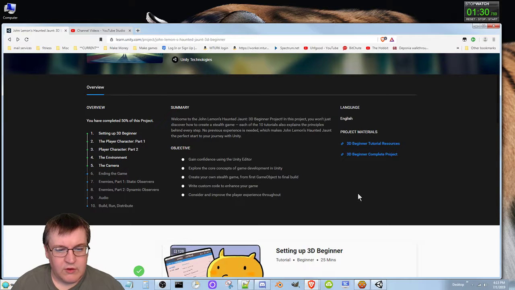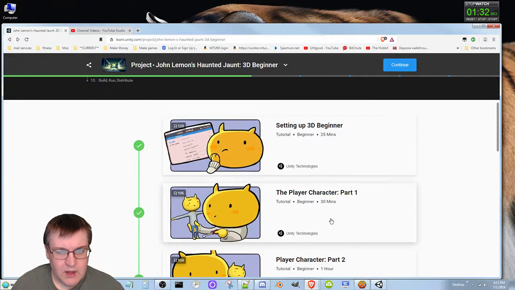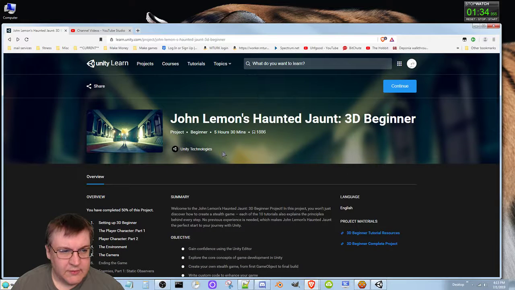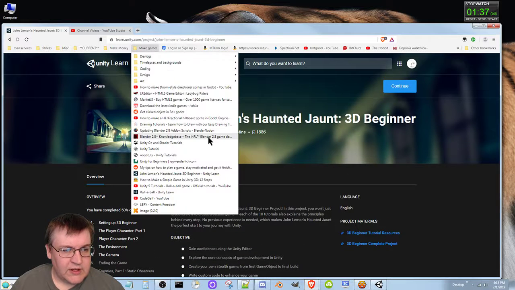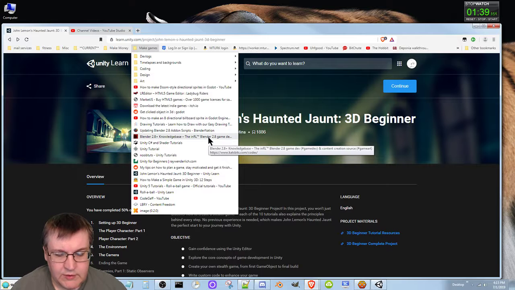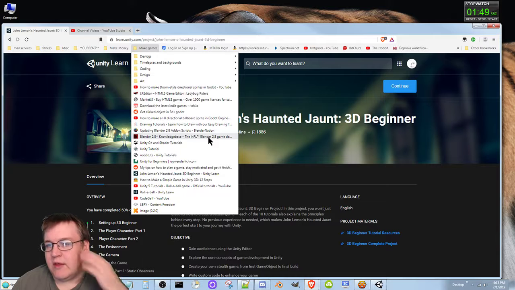Originally I was thinking that this 3D beginner course would teach me how to start things up and make a quickie level. I already know how to do the nav mesh thing, which is just a few steps. You have to add a nav mesh agent, and you have to do something with baking, and I forget everything, but I can figure it out.